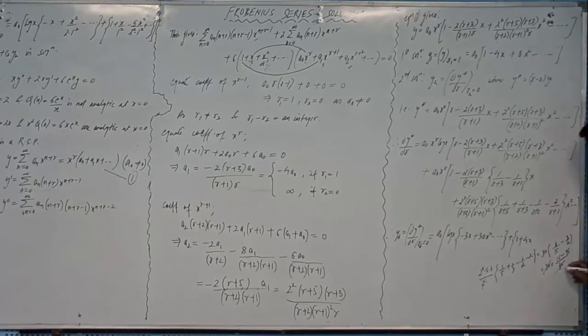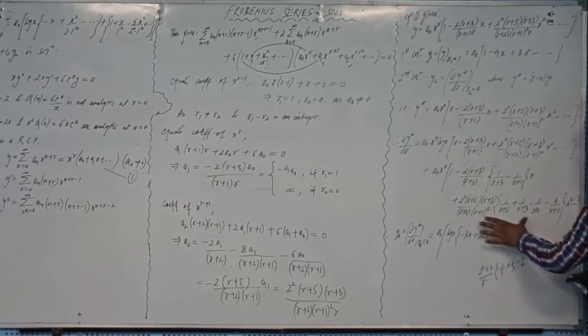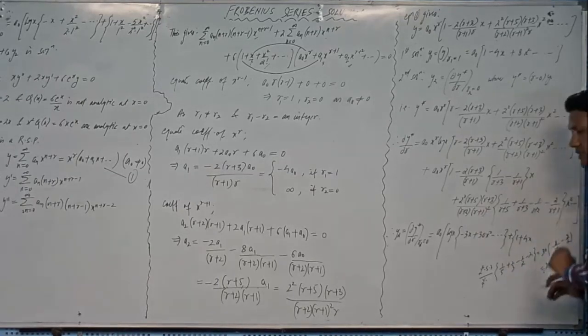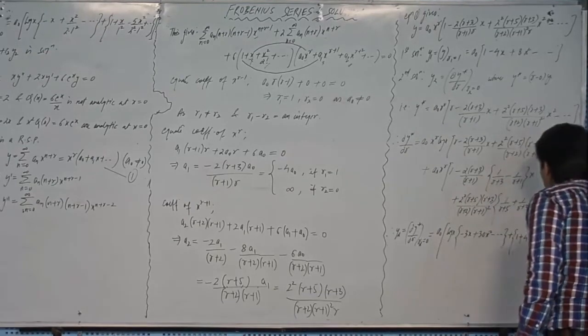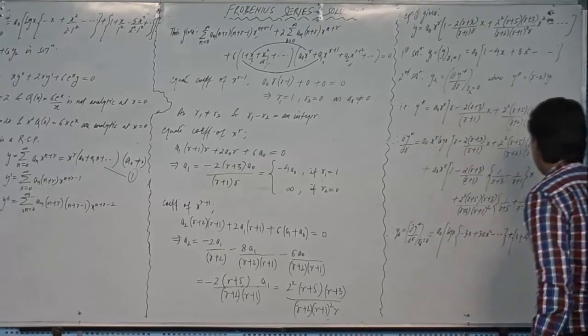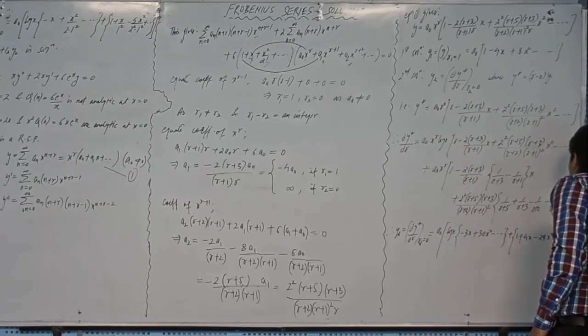And that is how much? Minus of 29, right? So I am getting minus 29 as the third coefficient, right? So I will write that minus 29 x square and so on, right?